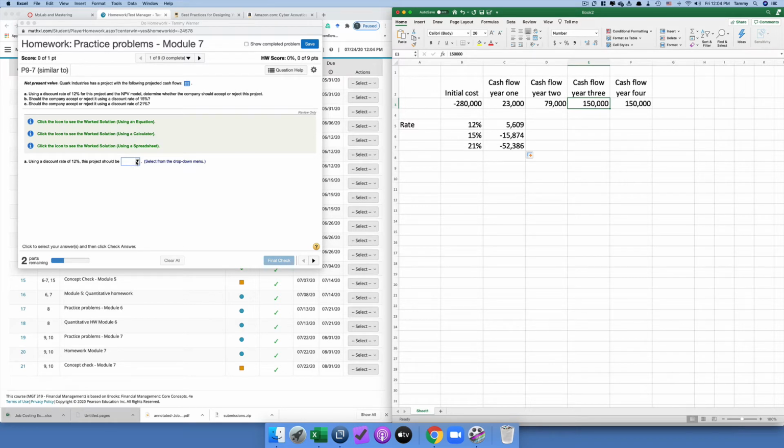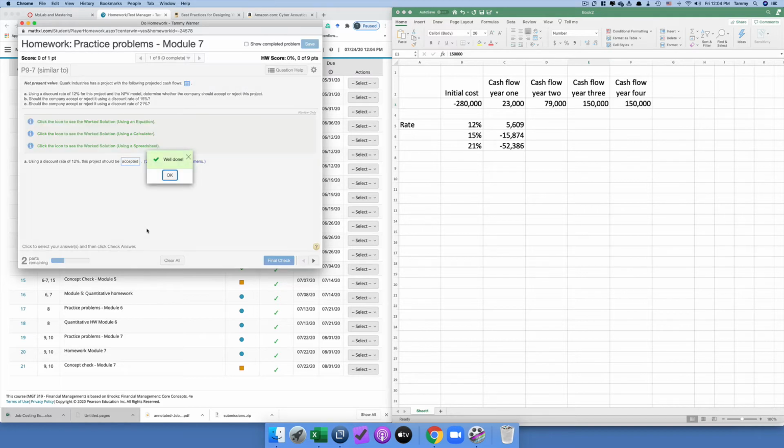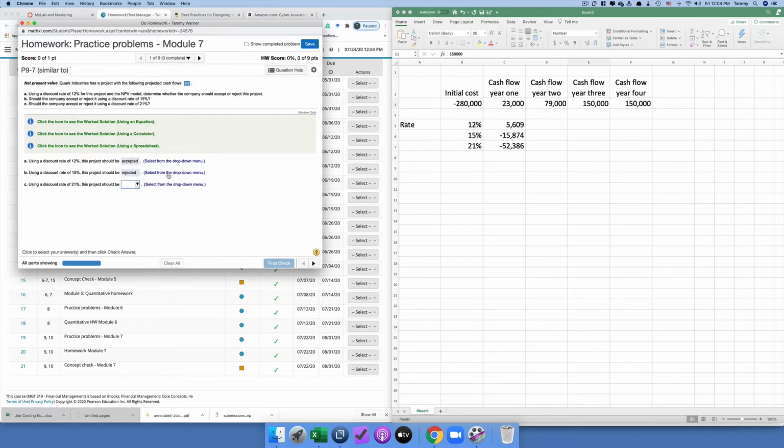So at a discount rate of 12%, we can go ahead and accept the project. At a discount rate of 15, we should reject it. And at a discount rate of 21, of course, we are also going to reject it.